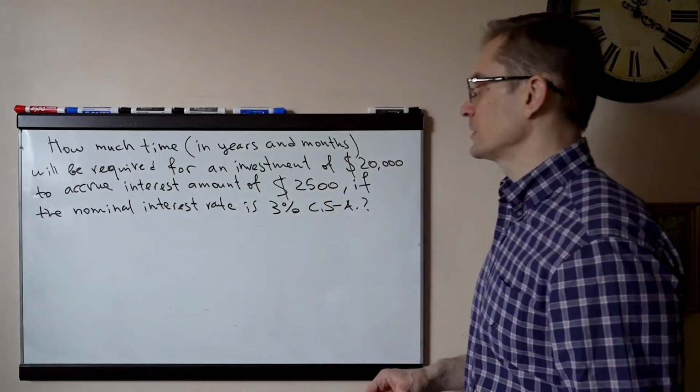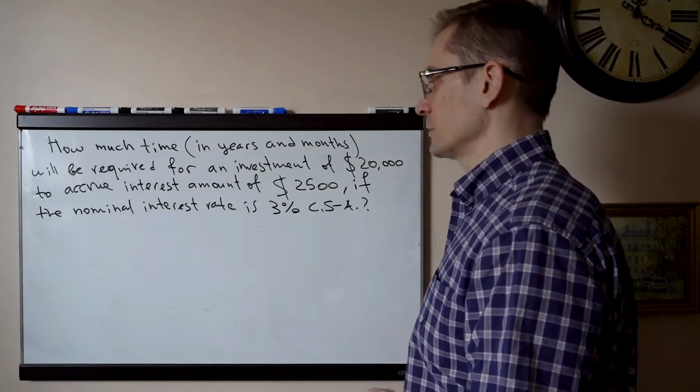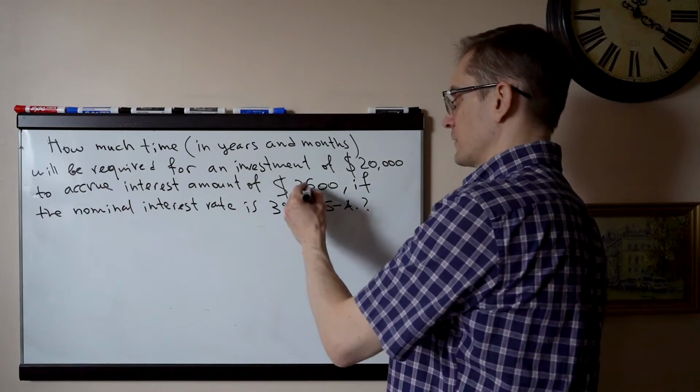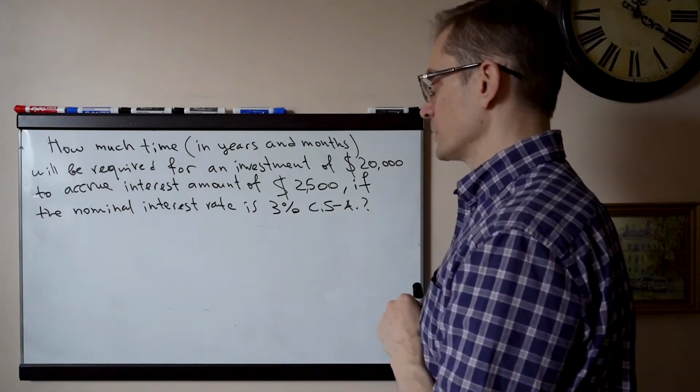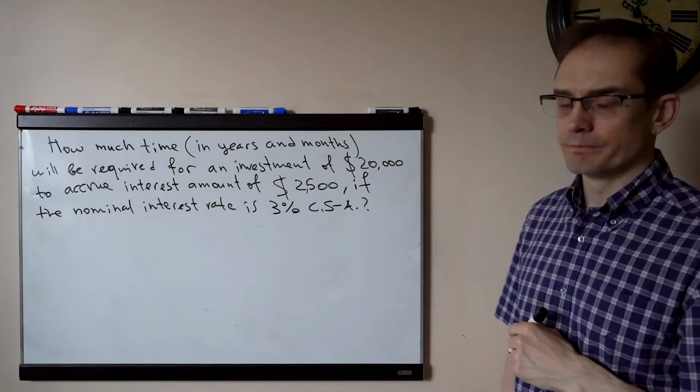So how much time in years and months will be required for an investment of $20,000 to accrue an interest amount of $2,500 if the nominal interest rate is 3% compounded semi-annually?